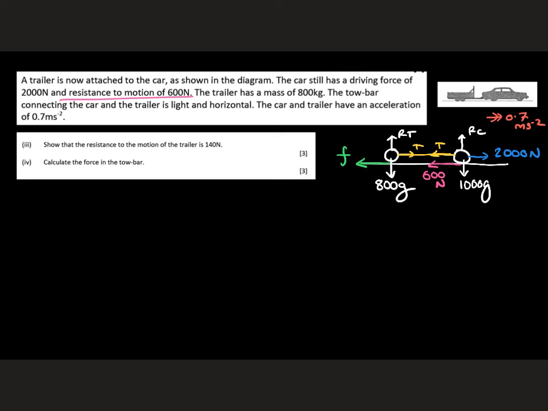There are lots of different ways of doing these sorts of questions. This is how I like to do this. I like to look at the forces on each particle separately, starting with the car. Now, everything's going in a positive direction to the right, so that's my positive direction there. We're using Newton's second law of motion, again, F equals ma.